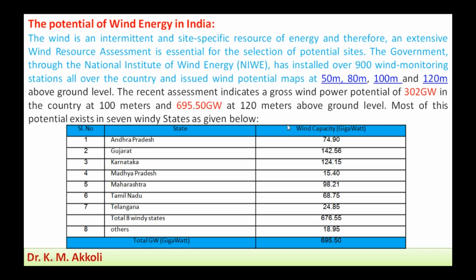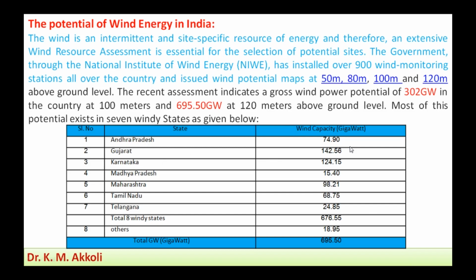Out of all the states in our country, only 7 states are called the windy states. In those states the highest wind energy potential is available that can be utilized. And what are these potentials? The 7 windy states are mentioned here.